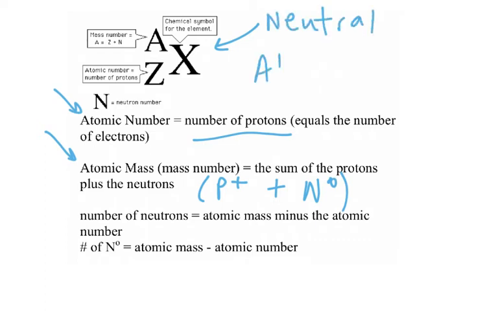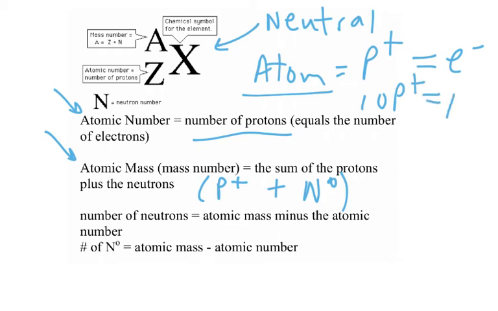An atom means that it's neutral, and neutral means that the number of protons and the number of electrons are equal. So if an atom has an atomic number of 10, that means it has 10 protons, and it also means that it has 10 electrons, because again, atoms are neutral. So technically the atomic number means the number of protons, but in a neutral atom, it will also be equal to the number of electrons.